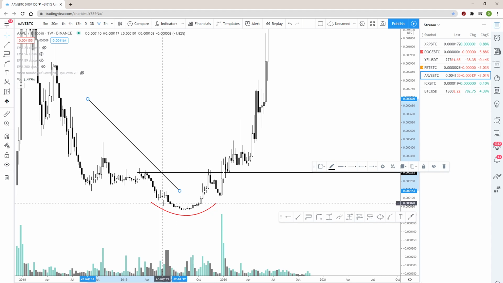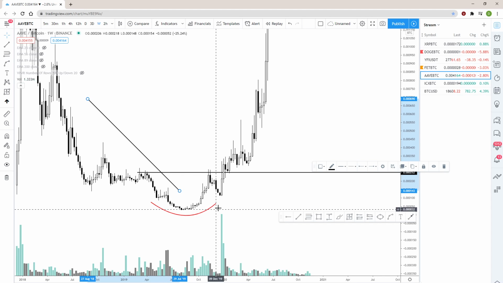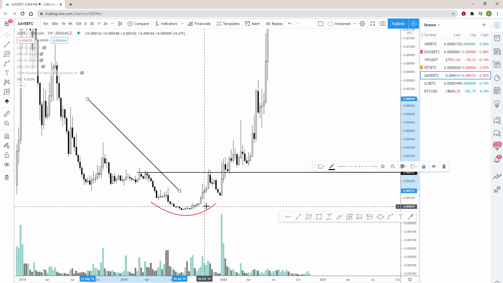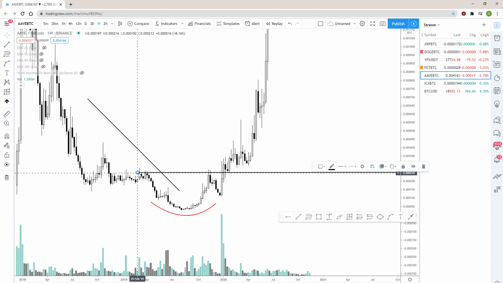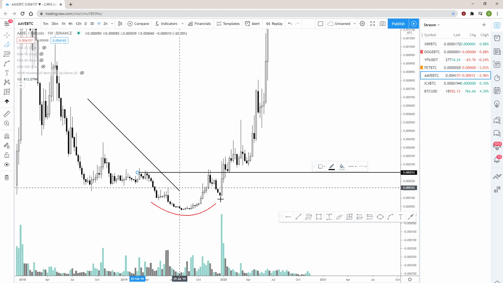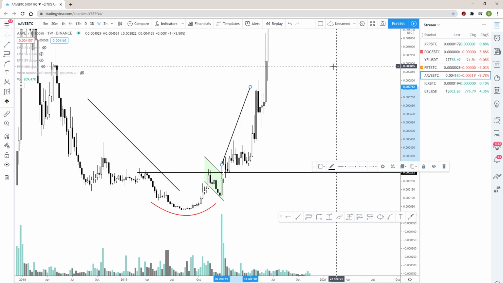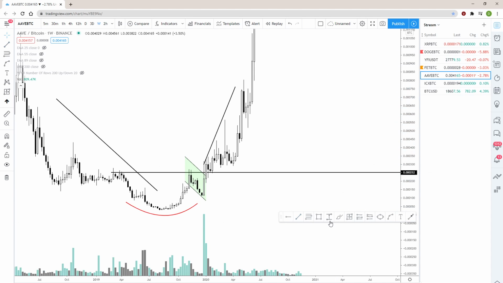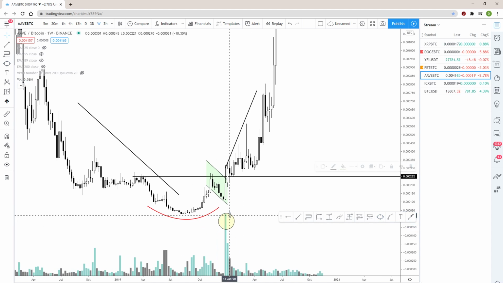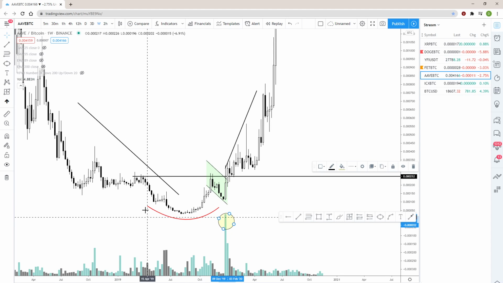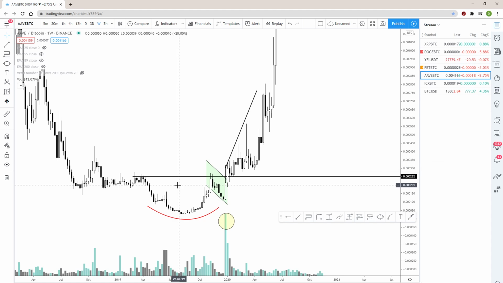It bottoms out, where you see price basically forming this rounded bottom, goes up to this resistance area, and then forms the handle and explodes up. And again, you can see big volume follow-up. So this was the bottom for AAVE, and this is an example of a rounded bottom.